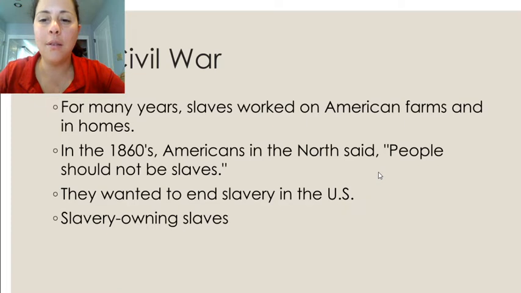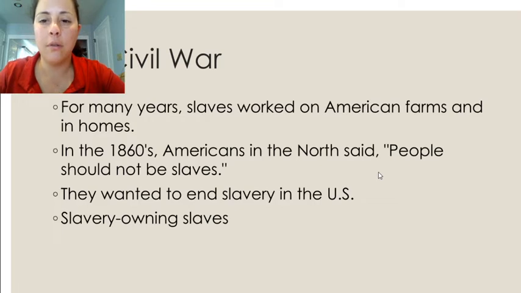In the 1860s, Americans in the North said people should not be slaves. They wanted to end slavery in the United States.